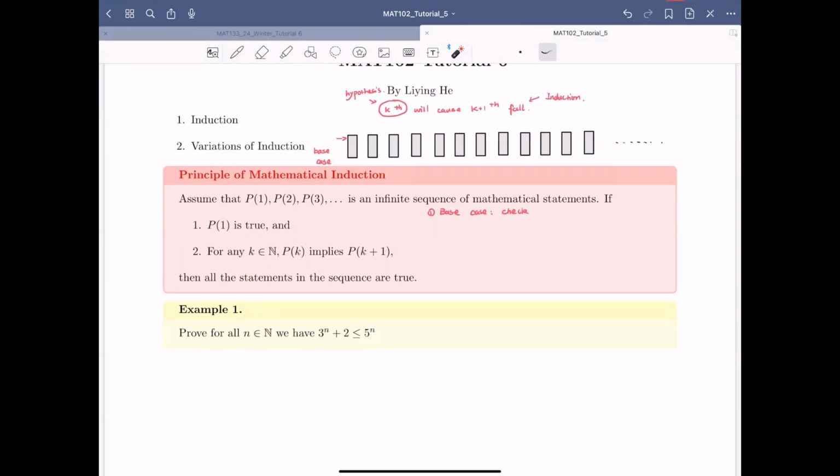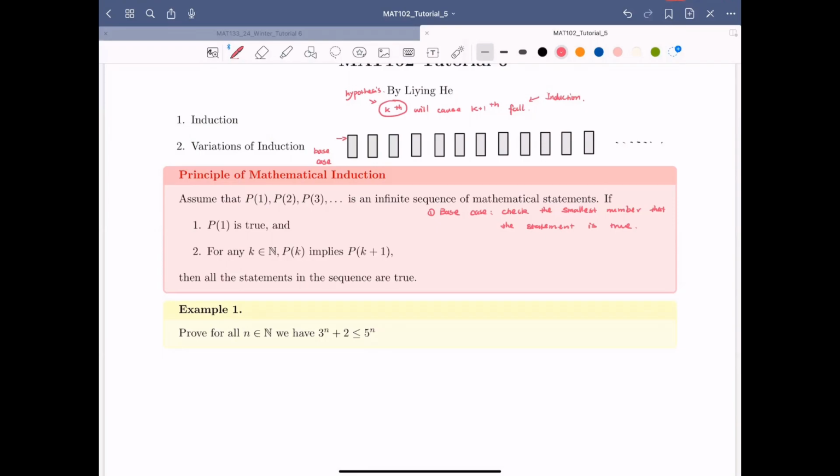It's the smallest one in the set you need to prove, the smallest number for which the statement is true. It does not need to be 1. It can be 2, it can be 10, it can be 0.